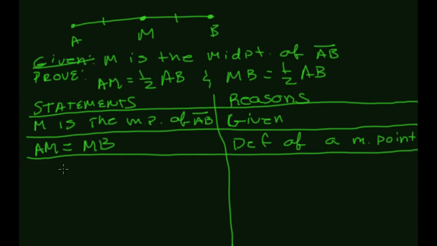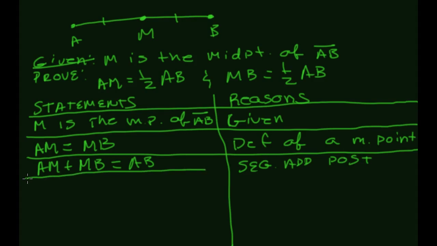Okay, so this is where we're going to bring in something else. If I take AM plus MB, I should get AB. Well, yeah, the two parts add up to the whole. That was something that we called the segment addition postulate.